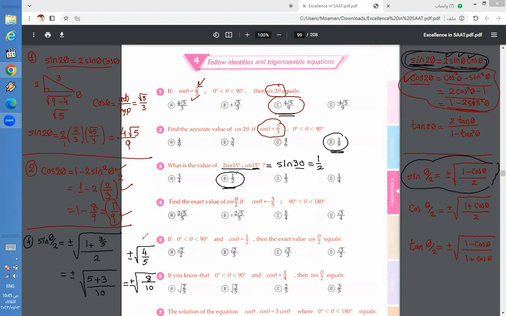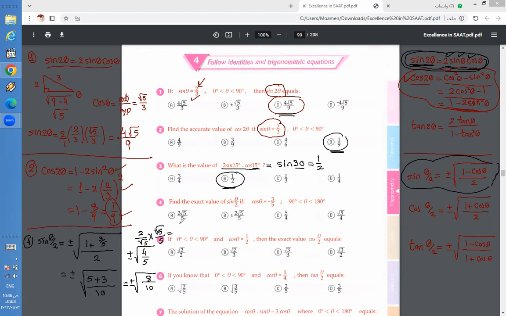The square root of 4 is 2, and the square root of 5 stays under the square root. Can we keep a square root down? No, we multiply up and down by the square root of 5.